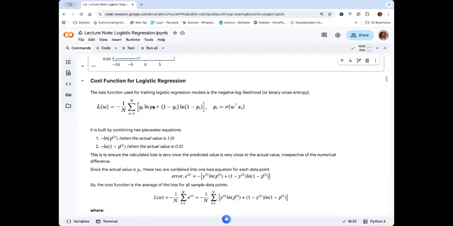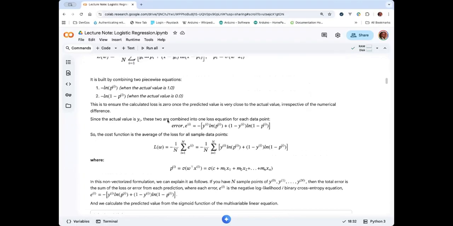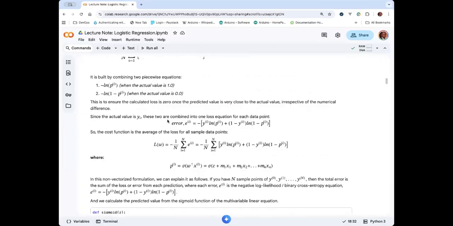So what this means is that you have to apply a negative sign in order to get the cost function, because the cost function is supposed to rise as the value rises away from what we want it to predict.